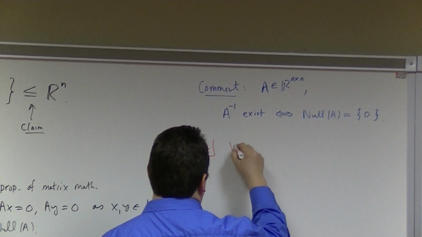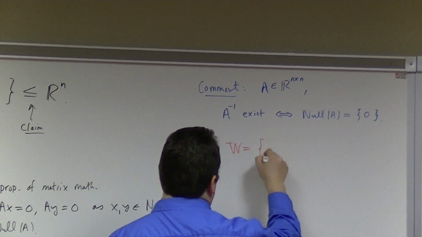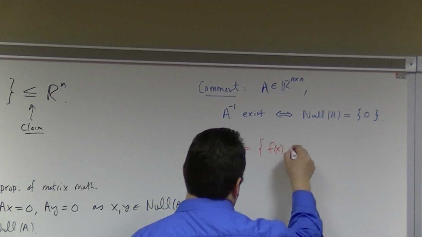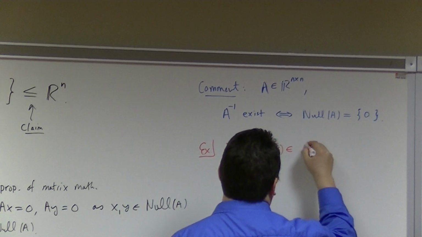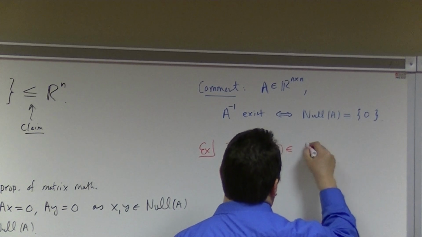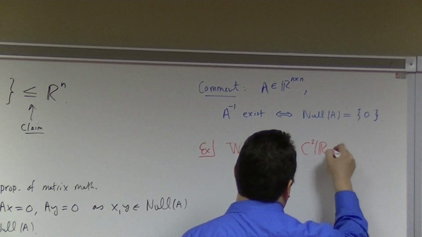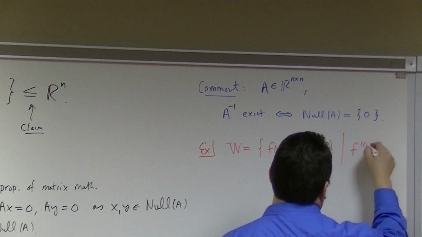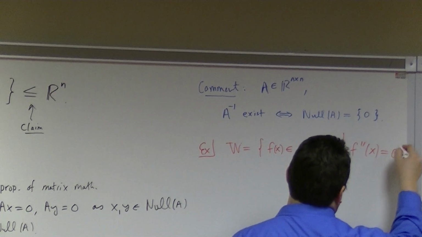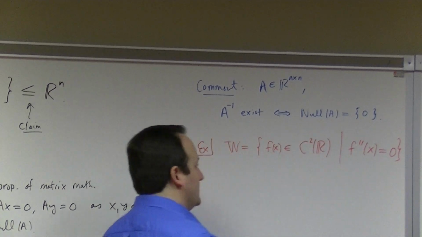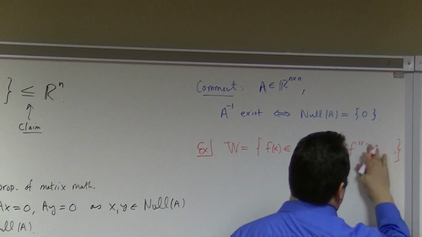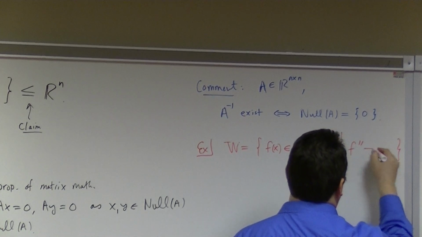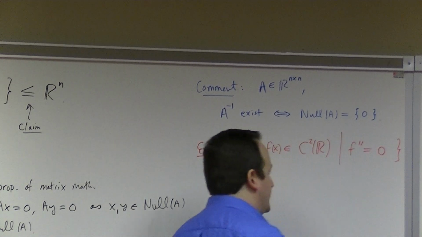Consider W equals f of x in twice differentiable functions over the reals such that the second derivative of x is 0 for all x. You could write this more compactly as f prime prime equals 0. In other words, the second derivative is the 0 function.